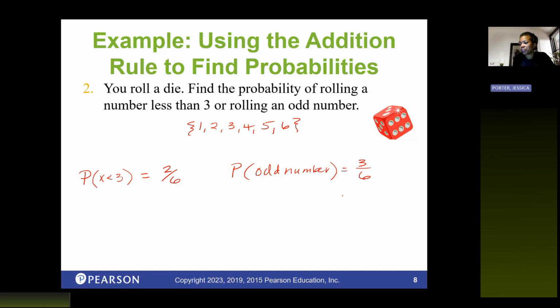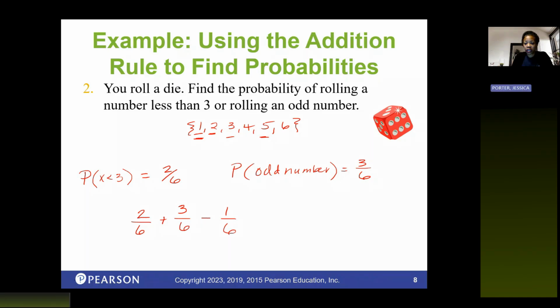3 out of 6. Is there any overlap? Here's numbers less than 3, and here are odd numbers. There is. So in that case, we're going to add together 2 out of 6 plus 3 out of 6, and then we're going to subtract out the overlap, which is 1 out of 6.